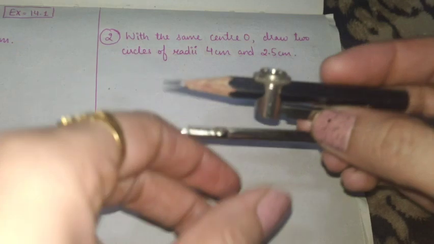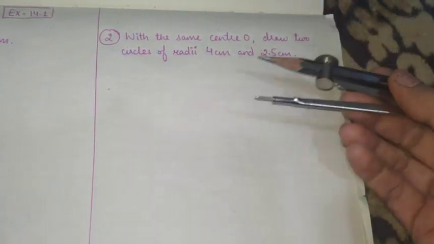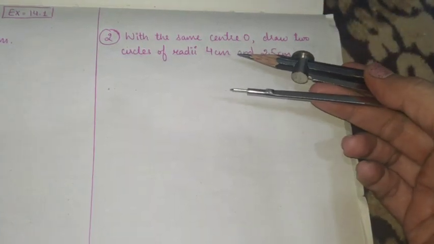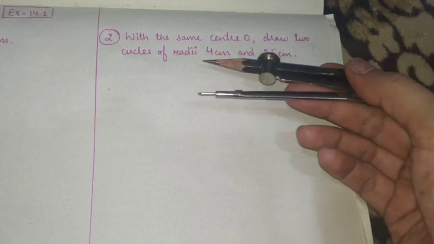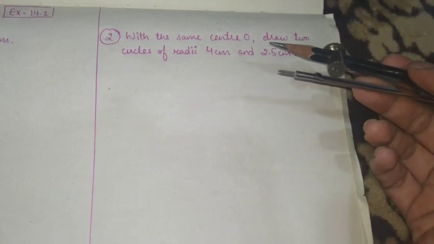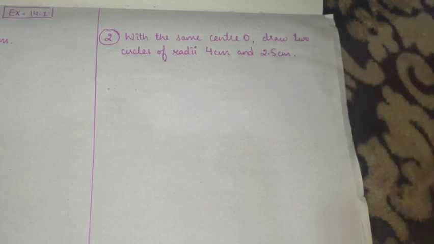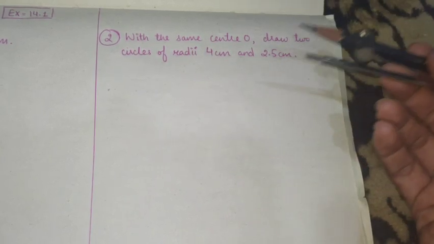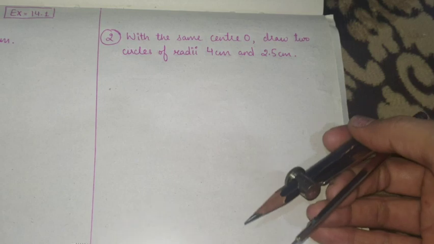You need to open up your compass. First, you can take either radius 4 centimeter first, or you can take 2.5 centimeter first. That's your choice. Okay, I'll start with taking 2.5 centimeter first.